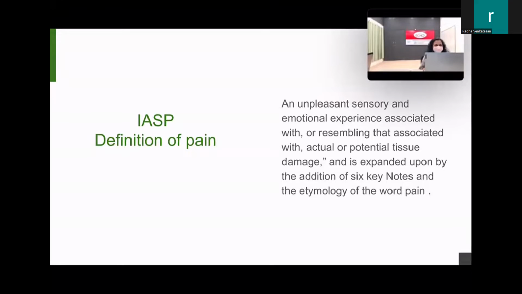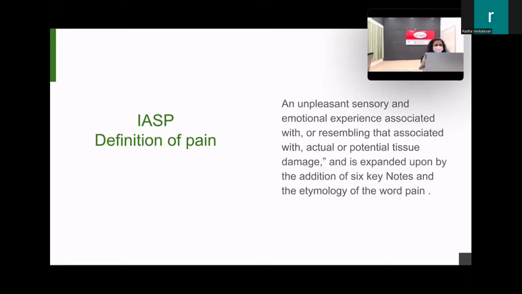So we will see the current 2020 tweaked definition. What is the definition of pain? It is an unpleasant sensory and emotional experience associated with, or resembling that associated with, actual or potential tissue damage, and is expanded upon by the addition of 6 keynotes and the etymology of the word pain.